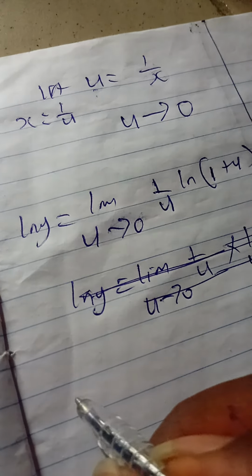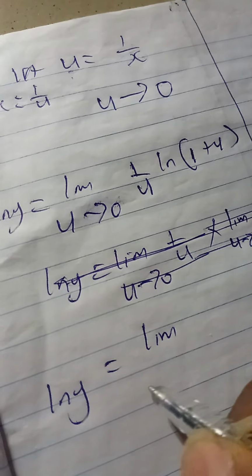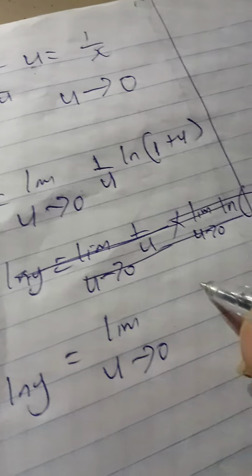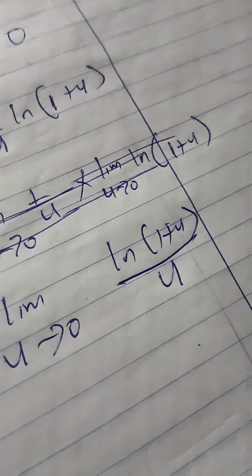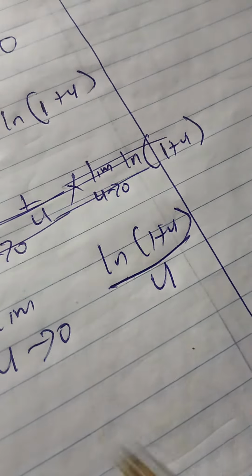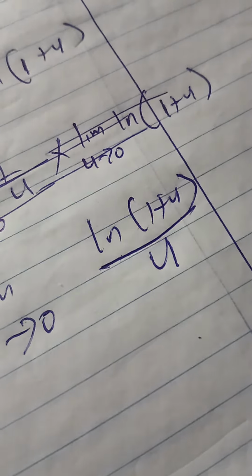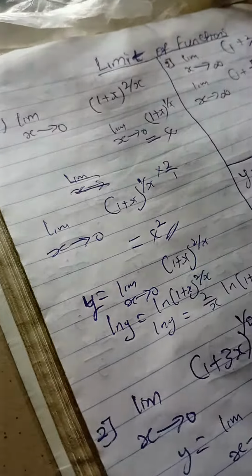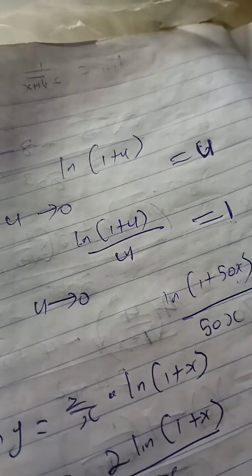Sorry. So we have ln y equals the limit as u tends to 0 of ln (1 plus u) over u. Don't forget the standard limit. I gave you a standard limit that this equals 1 if your u is tending to 0. Do we remember? It's a standard limit.